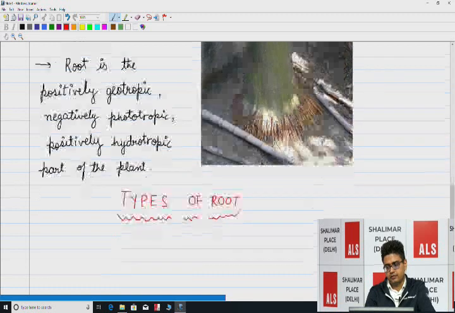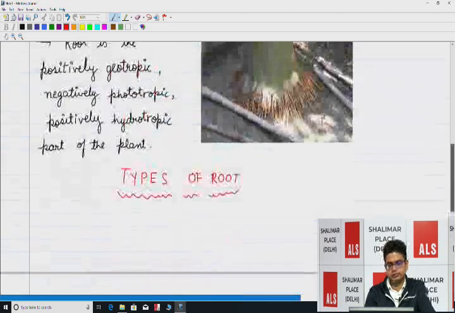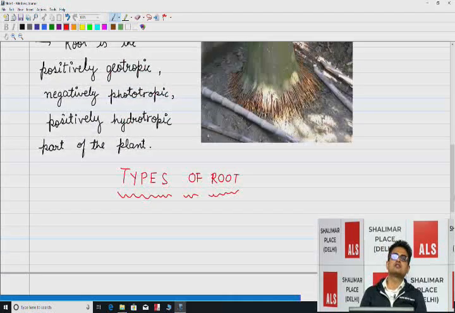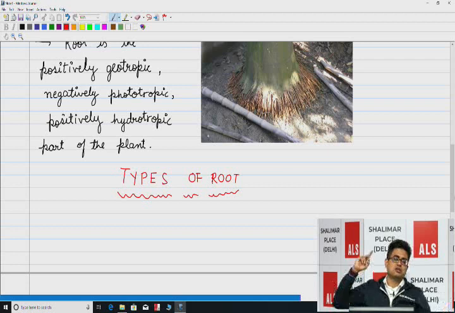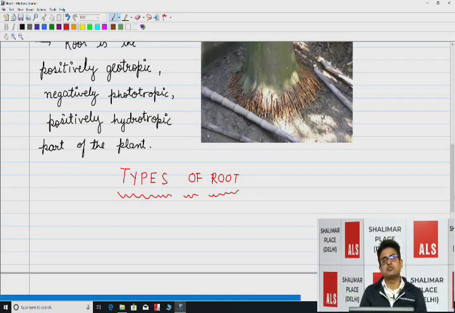Tap root everybody knows. Fibrous root everybody knows. After that is the adventitious root. So there are three types of root that we are going to discuss here: tap root, fibrous root, and adventitious root. I'll discuss all these one by one.